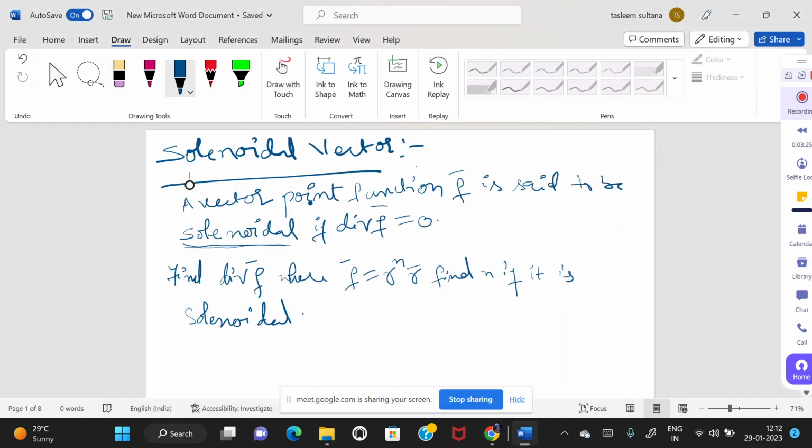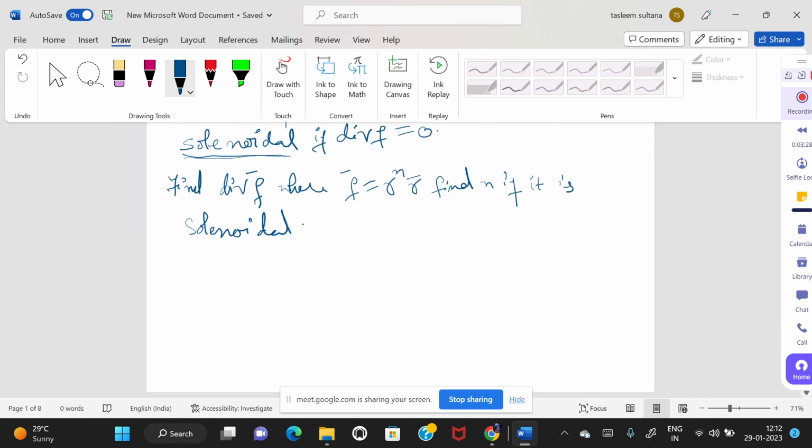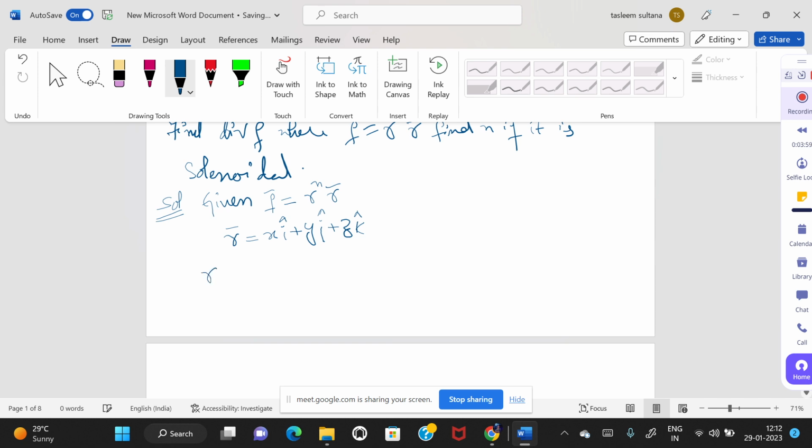If your divergence of f vector is equal to 0, in that case you're going to find n. Where f vector is equal to r to the power of n into r vector, where we know that r vector is equal to xi vector plus yj vector plus zk vector, where r is equal to mod of r vector, which is equal to under root of x square plus y square plus z square.